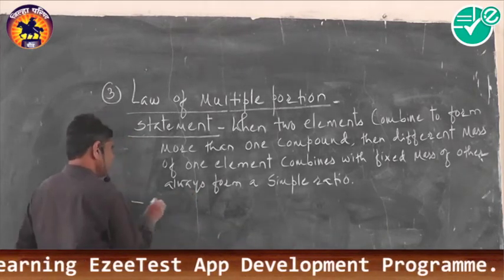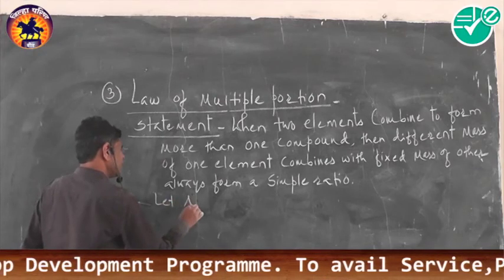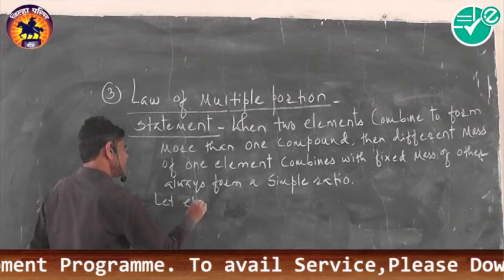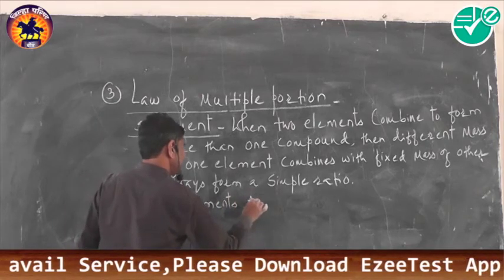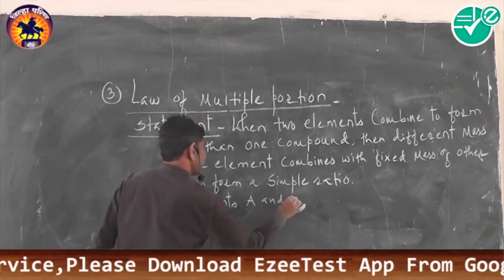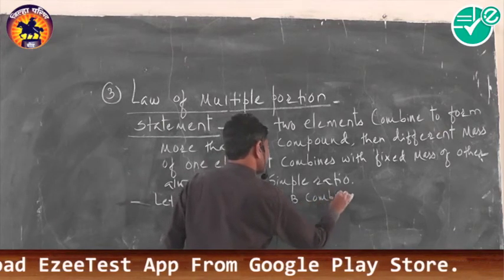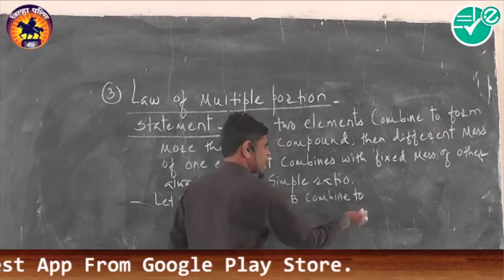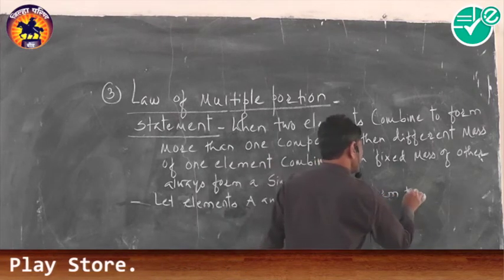Now, in general, let elements A and B combine to form two compounds.